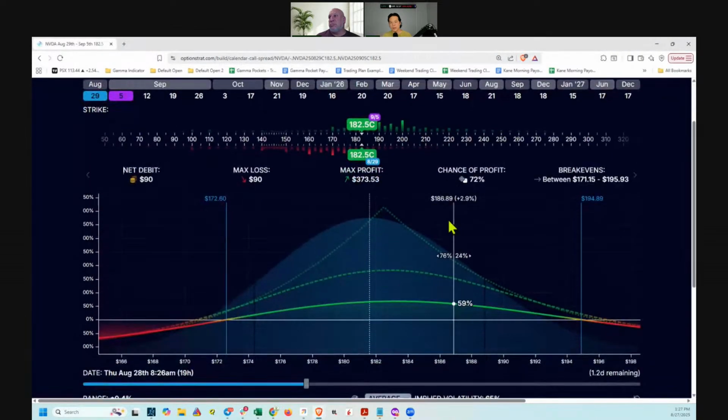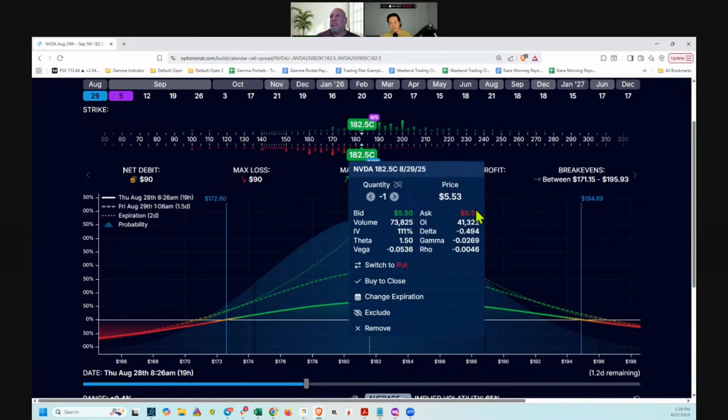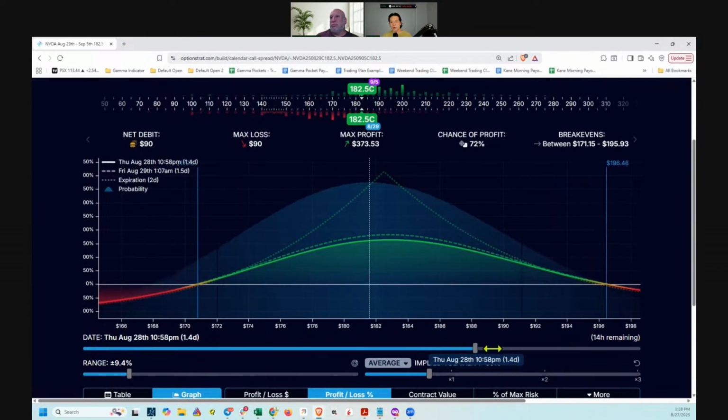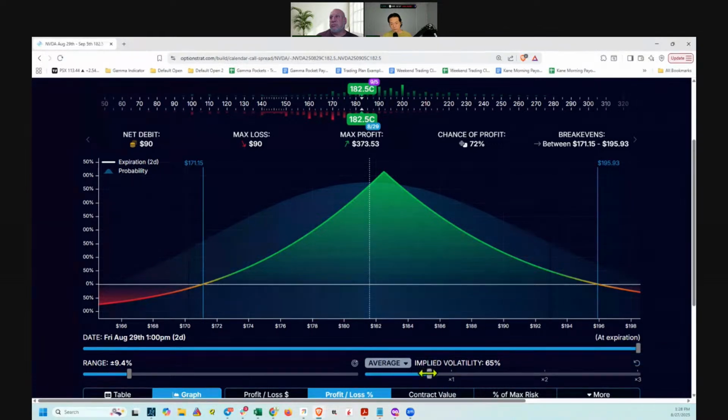And if I believe that the market is going to go up, let's say we gap up and I think we're going to run, then again, I can buy this back. It'll look like I'm losing a little bit of money on that because I sold it for $5.50 and then bought it for say $7.50. But then as long as this keeps running up, I'll keep on making more and more money on it. But if that's too complicated for you, just treat it as a spread because it is a spread. And that means as long as tomorrow, after the IV crush, we end up in between 171 and 196, I would still make at least some profit, right?